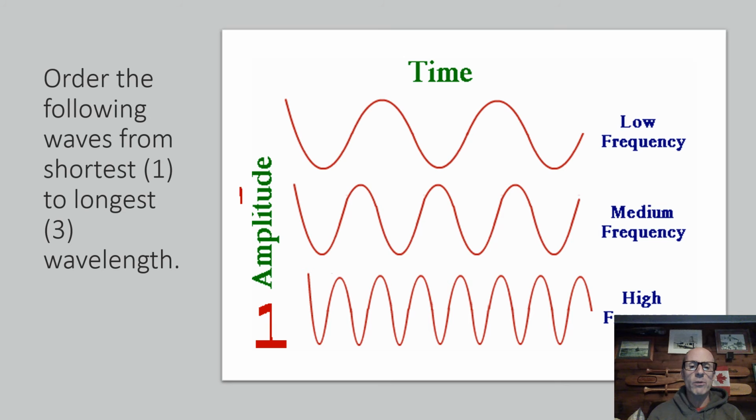The medium frequency wave would be the middle one, and the low frequency wave would be the high one. And we'll talk about this in a minute. The more dangerous waves are high frequency, where they're close together, shorter wavelength. The top wave is less dangerous because its wavelength is longer and it has a lower frequency.